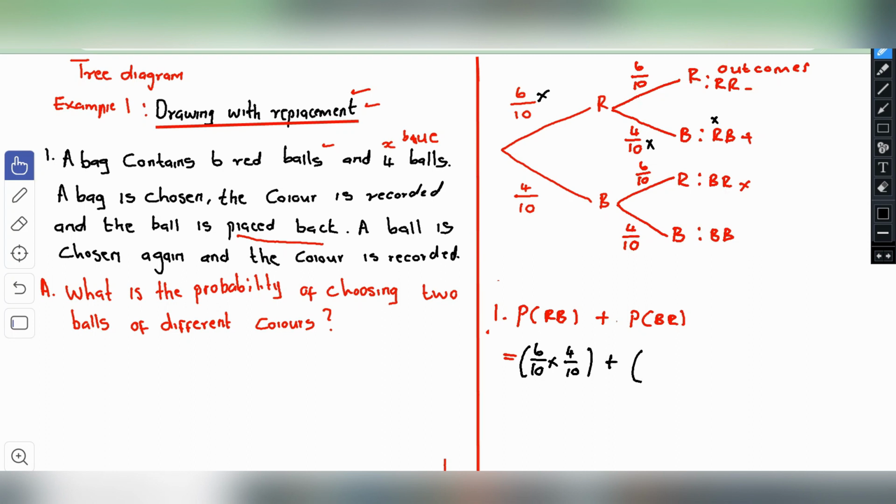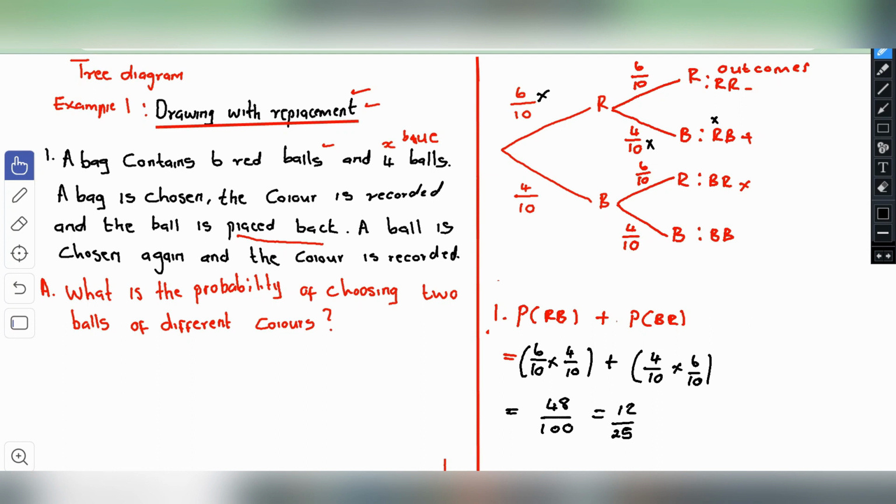Plus, we do the same thing for blue: 4 all over 10 multiplied by 6 all over 10. The final answer, if I didn't make a mistake, is 48 all over 100, which you can equate to 12 all over 25. So this is how you find the probability of choosing two balls of different colors.